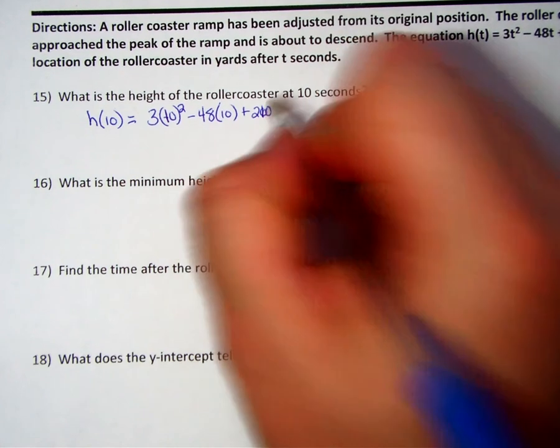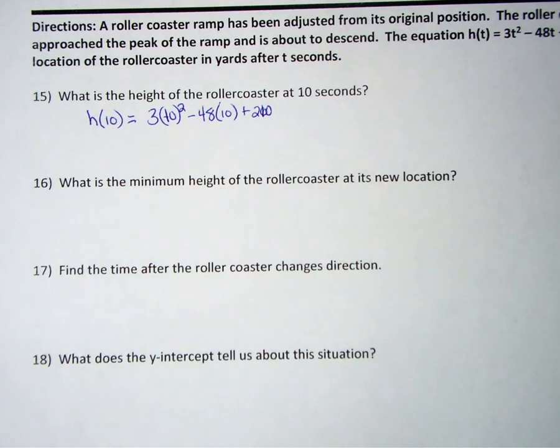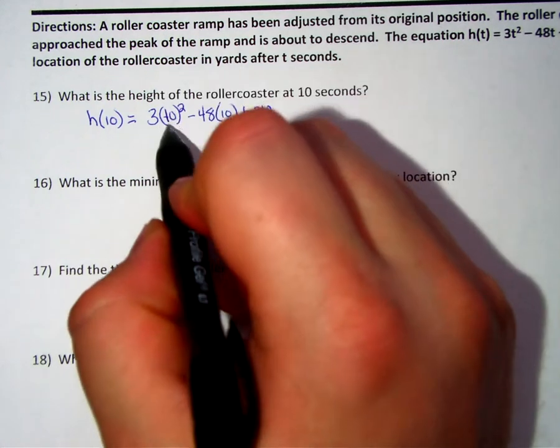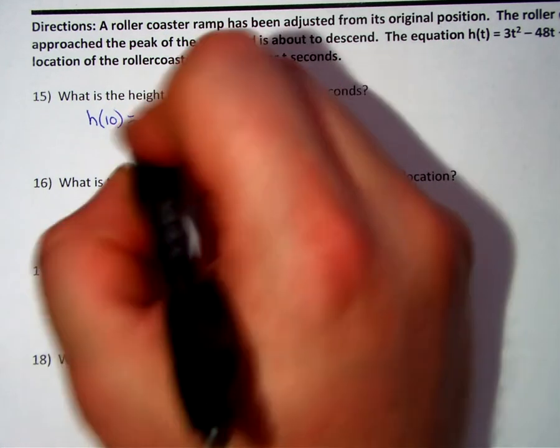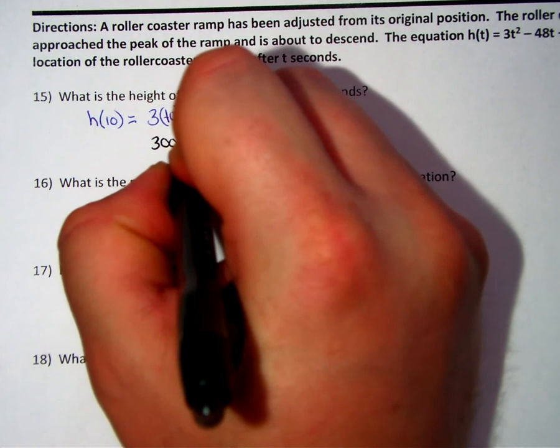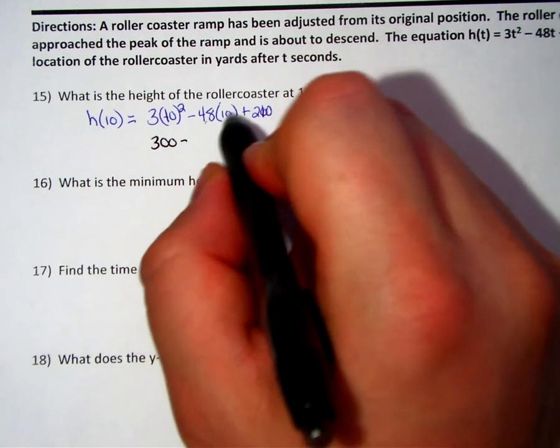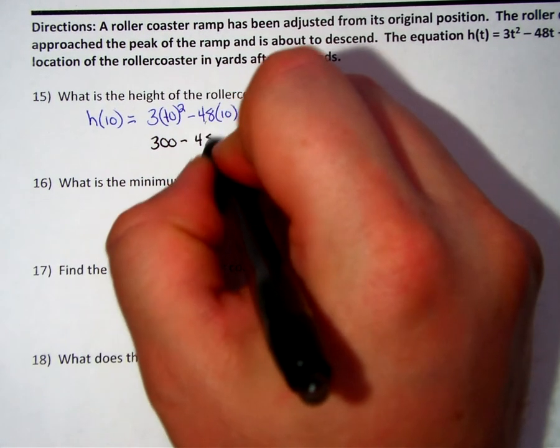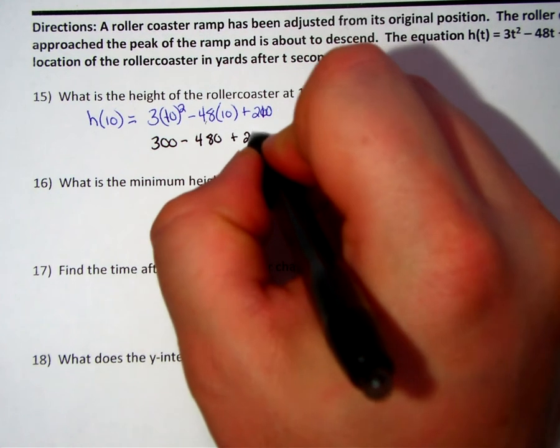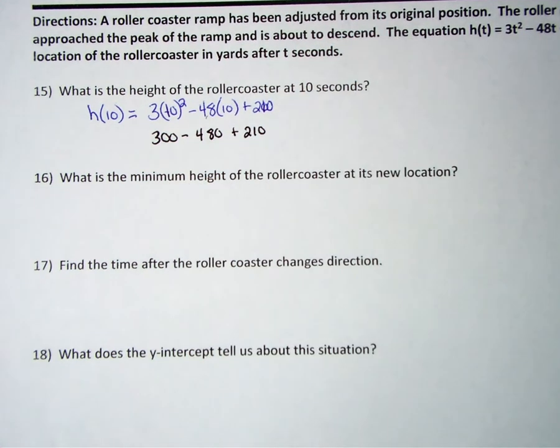Oops, I left off my 10. All right. 10 squared is 100 times 3 gives me 300, minus 48 times 10 would be 480, plus 210. So we have 300 minus 480 plus 210.